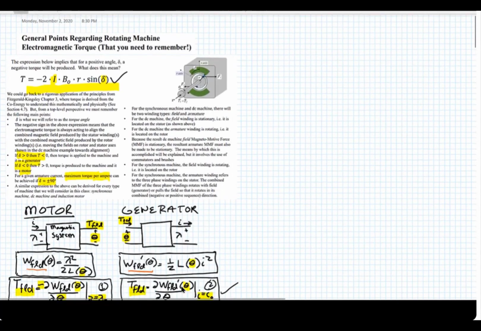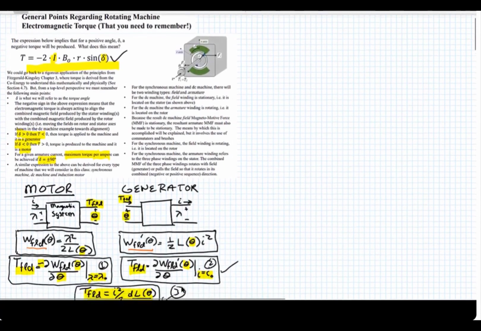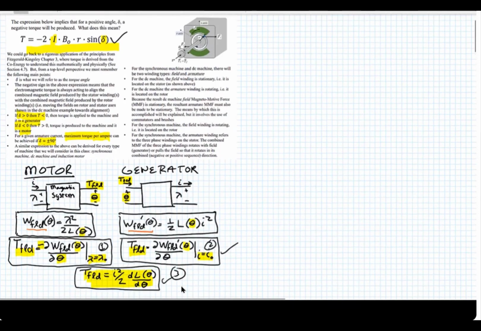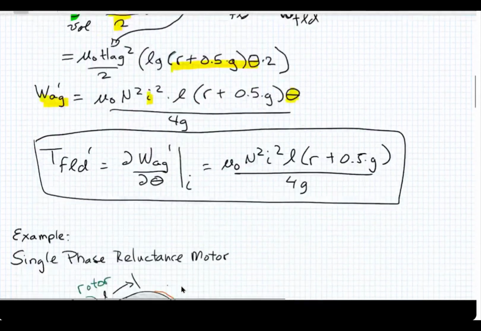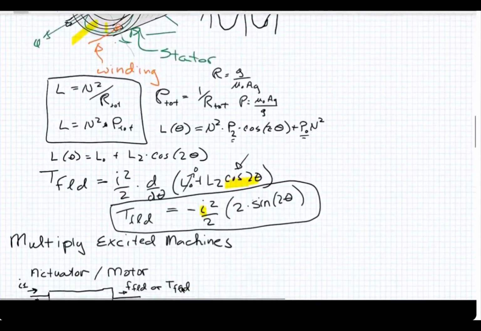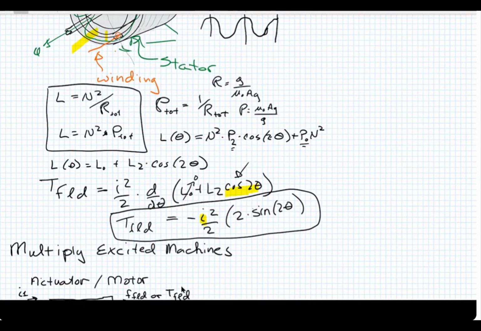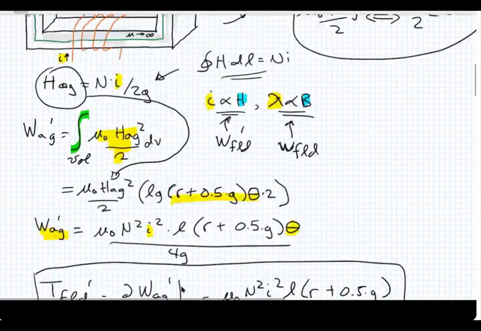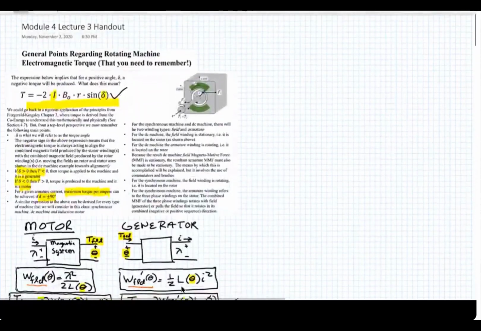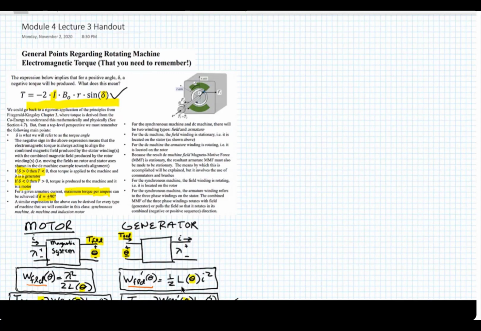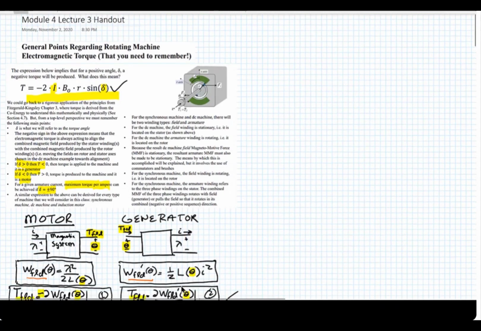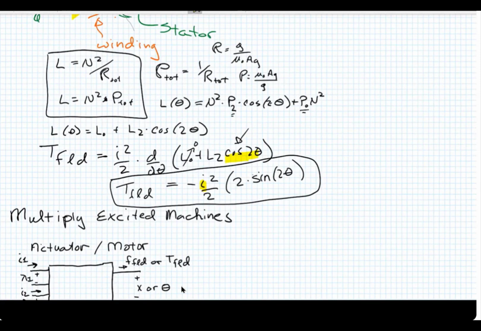I'm not going to try to go too much further on that analogy here, but there is a kind of symmetry in everything here, and there's a lot of complexity to really understand to get back to this kind of relationship, but I just have to ask you to take my word for it that you can get back to that kind of expression. Anyway, this is the final answer for the torque.